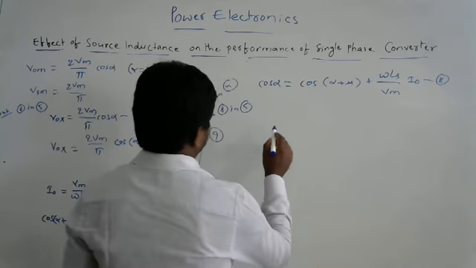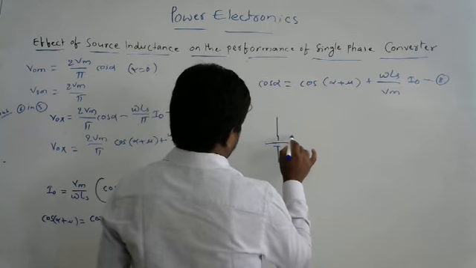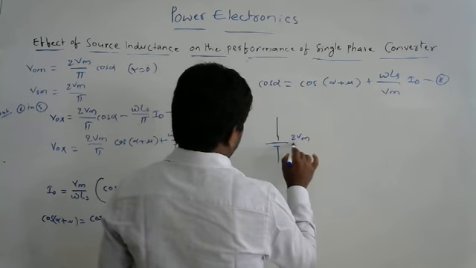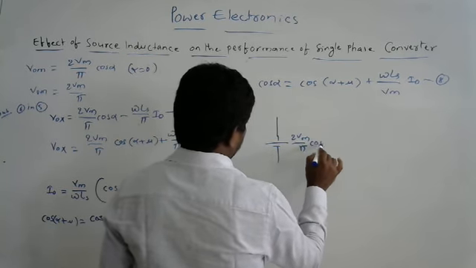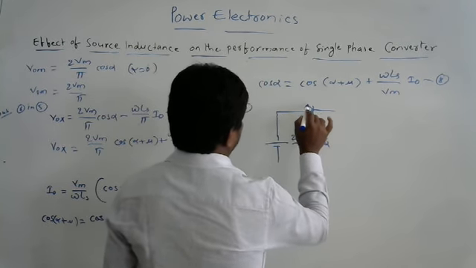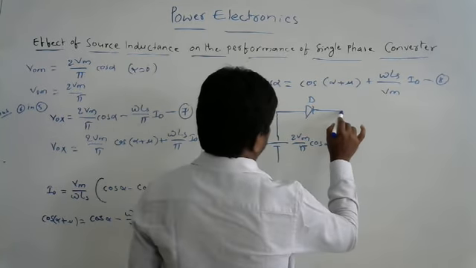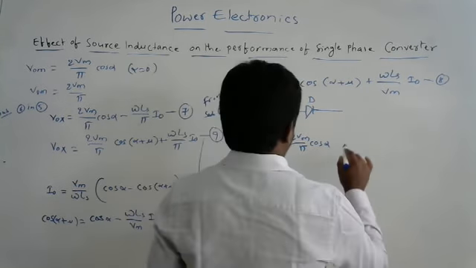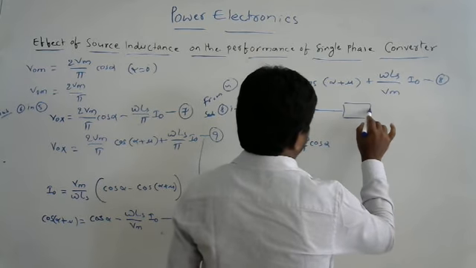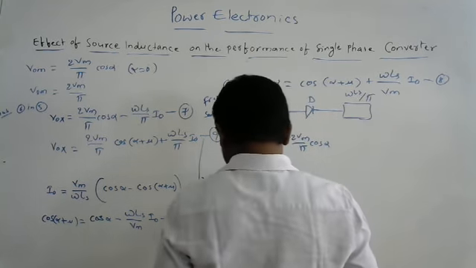Equivalent circuit is, so I am taking like this. This is my 2Vm upon pi cos alpha. Then I am indicating with one diode the forward direction, unidirectional current, then one equivalent value for the inductance, omega Ls upon pi, right?